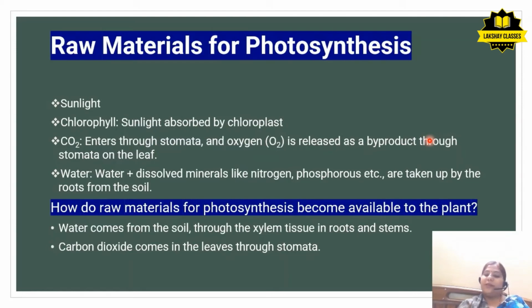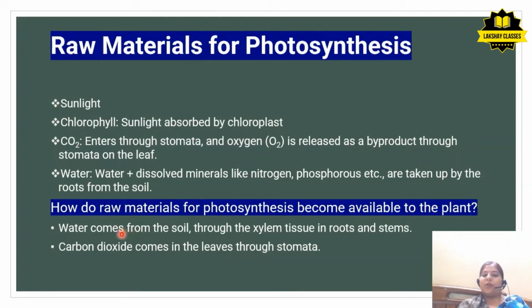We have 4 raw materials in photosynthesis: sunlight, chlorophyll, carbon dioxide and water. So how does the plant get these raw materials? Carbon dioxide comes in with the help of the stomata. Stomata are present in the lower epidermis of the plant; they are tiny pores which help in the exchange of gases.